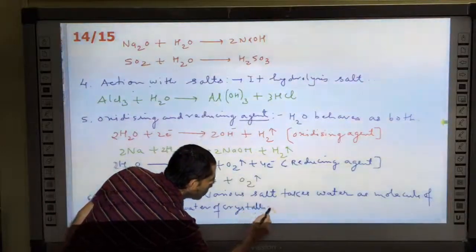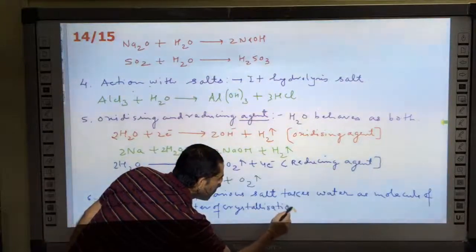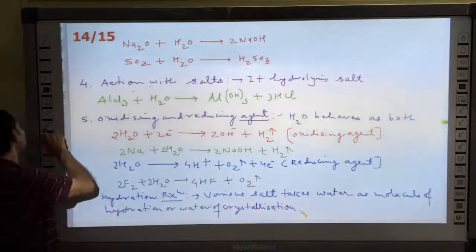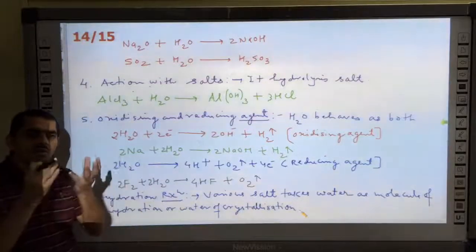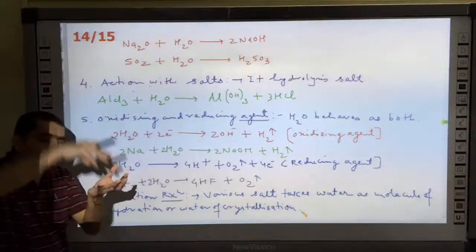There are a number of salts in which what has happened? Those salts are taking water molecules and the water molecule is attached to them.